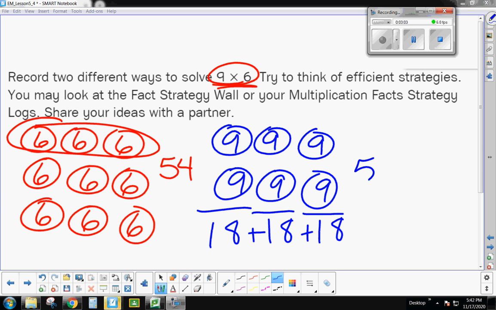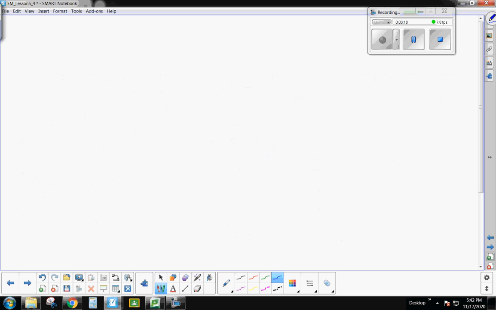And again I would come up with 54. Knowing the turnaround rule, you could pick which of these equal groups you could do quicker.